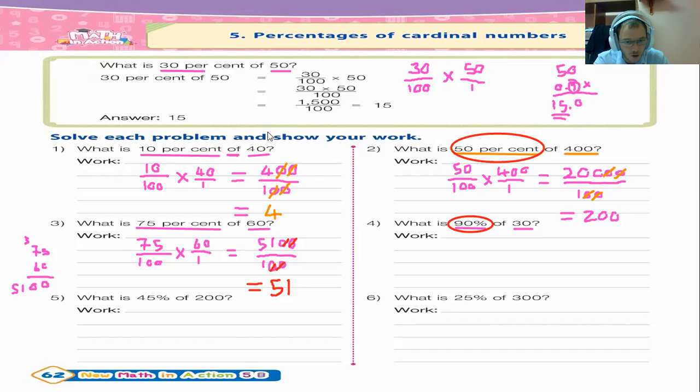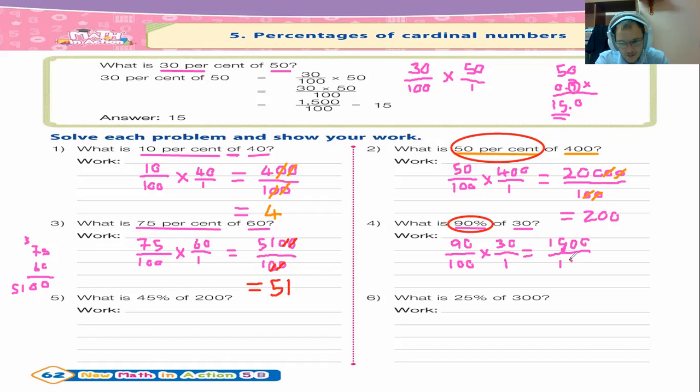So here, first off, we write down again 90 over 100 multiplied by 30 over 1. Now, if you multiply 30 times 90, it's going to give us 2,700.